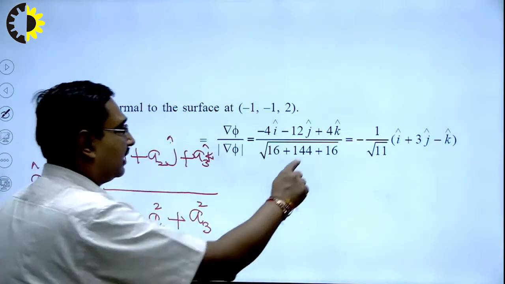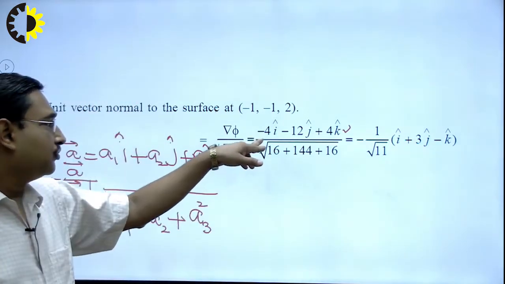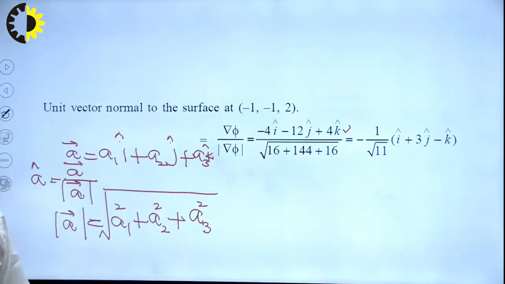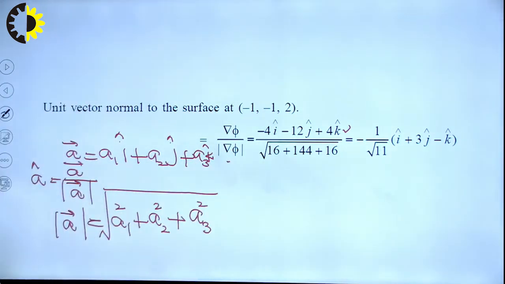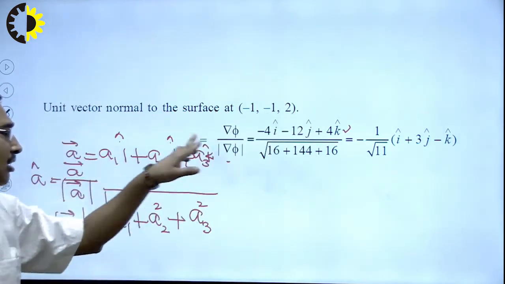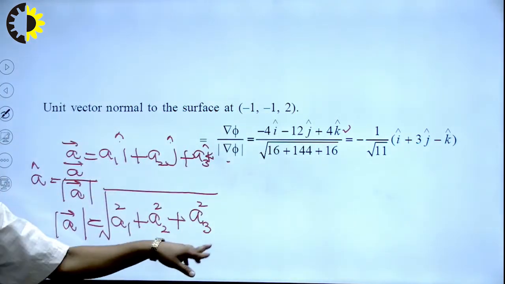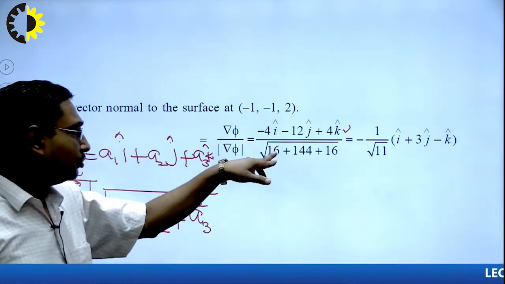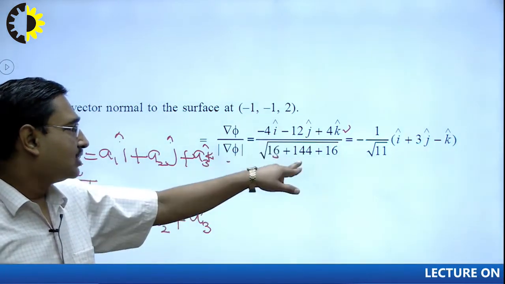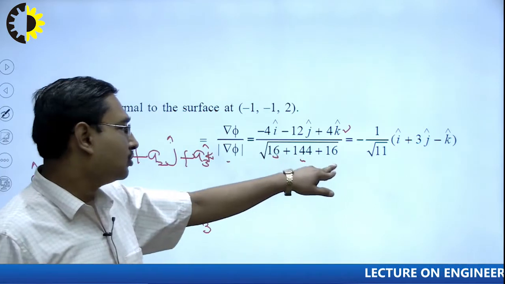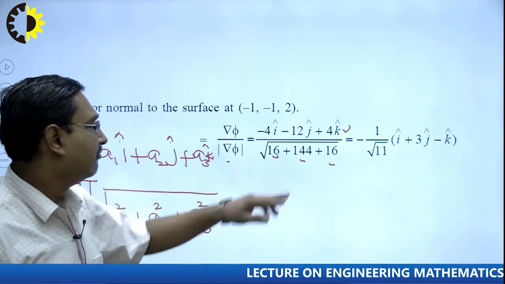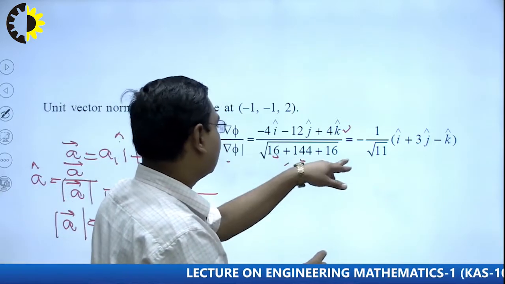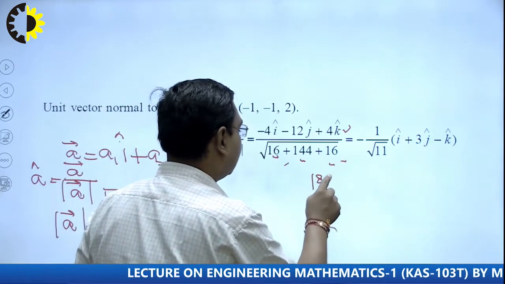Therefore, this vector del phi, minus 4 i minus 12 j cap plus 4 k cap, will be converted to a unit vector using del phi upon mod of del phi. Del phi was this. Mod of del phi is calculated using this formula: minus 4 square is 16, minus 12 square is 144, 4 square is 16, and this simplification will give 176.